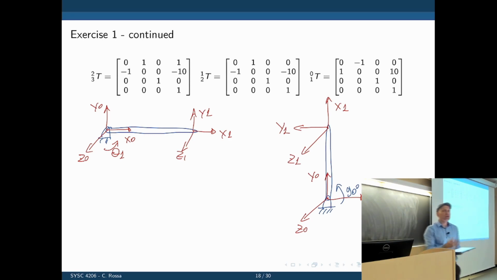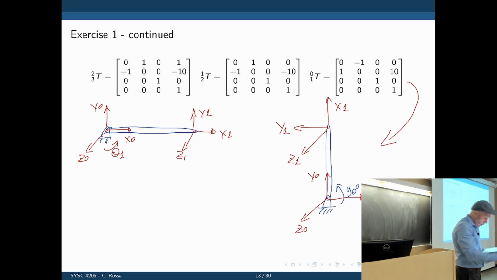Now let's look at the result of your rotation matrix and see if that rotation matrix agrees with what we see here. What is the height there? The height here is 10. That's the length that was given before. Now look at the rotation matrix. Where is the final position of the frame? That matrix gives the position of this frame with respect to that.